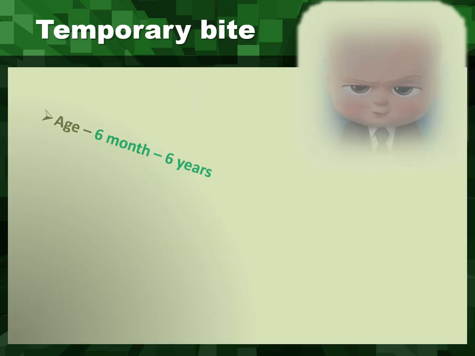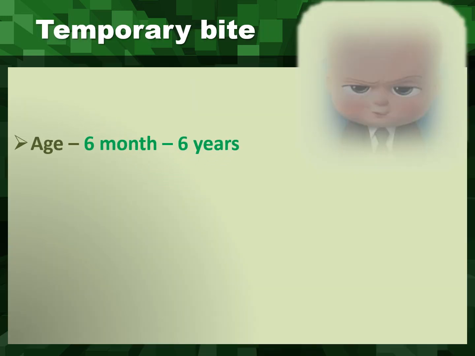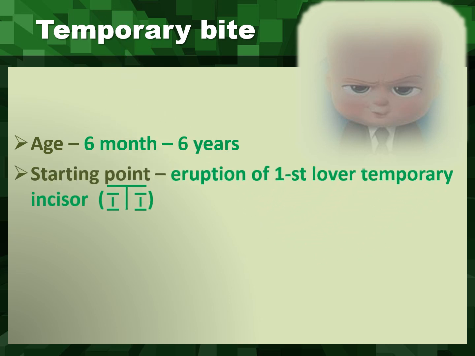Temporary period has the following features. At first, timing. The temporary bite period begins at the age of 6 months and its duration is till 6 years. What is the starting point of this period?